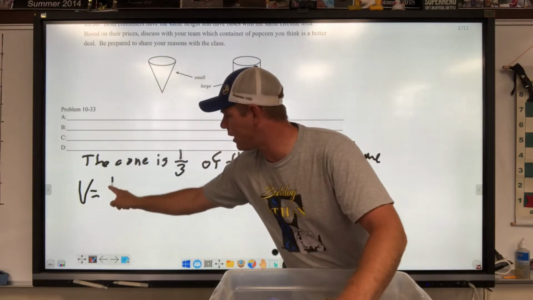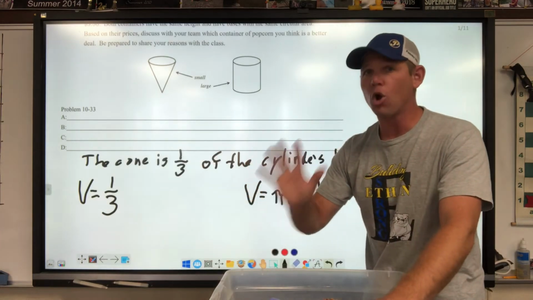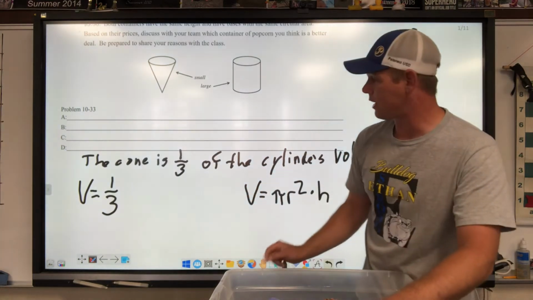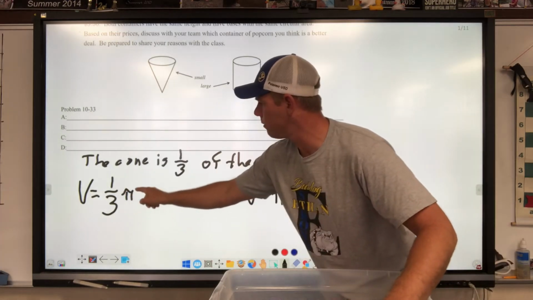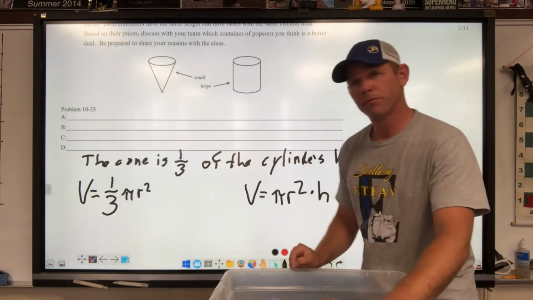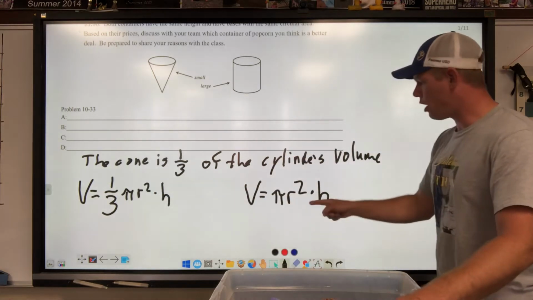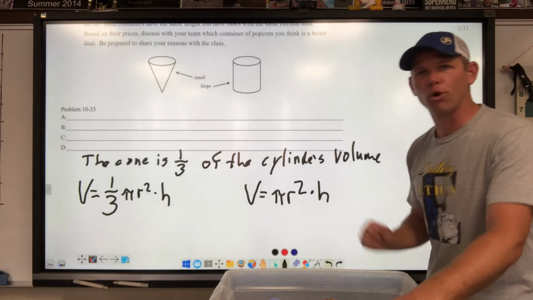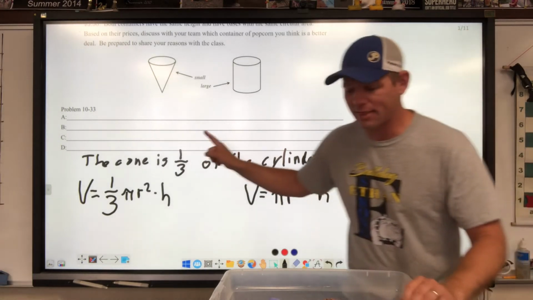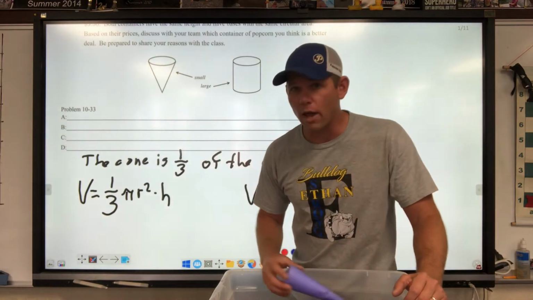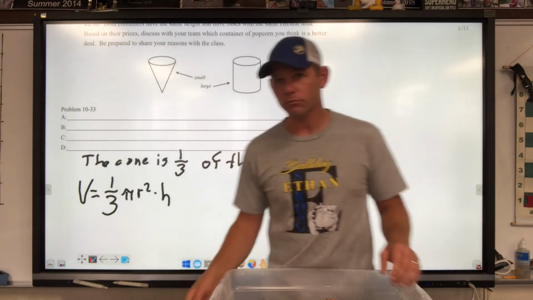You know it is 1/3 the size, always and forever, 1/3 the size of the base, which is a circle, pi r squared, times the height. Notice how similar these two formulas are. The only thing that has changed is the fact that a cone is always 1/3 its volume.